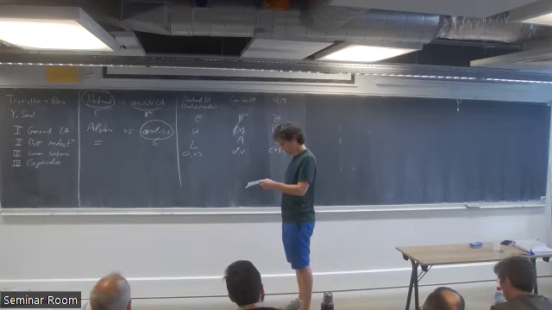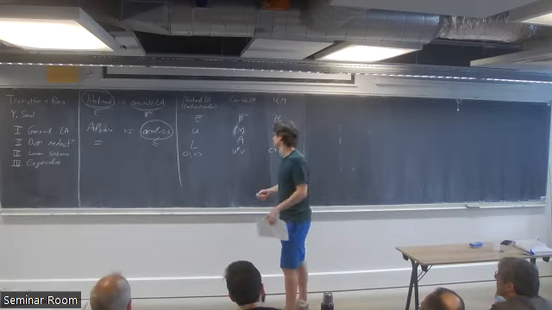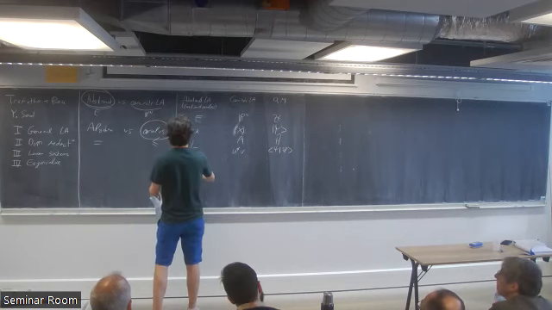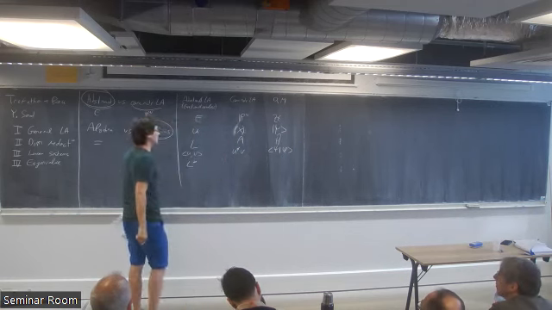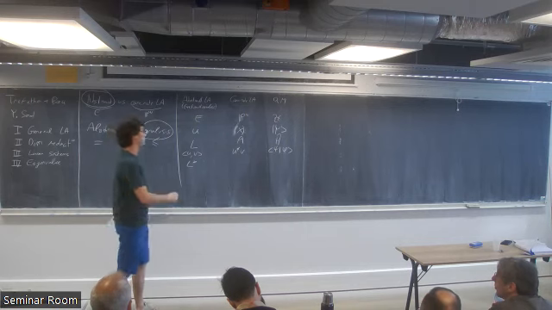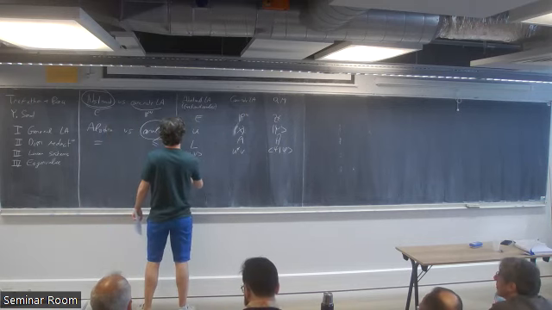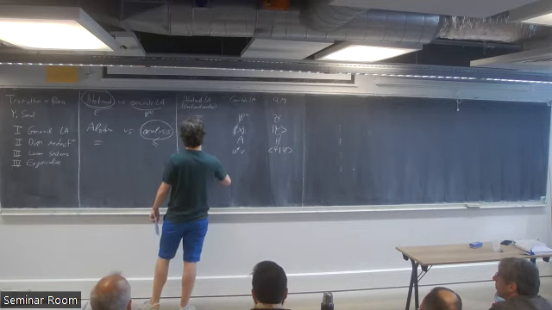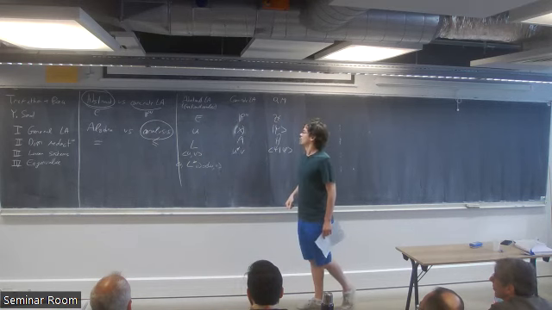What else? Adjoints. If you have an operator L, you define the operator L star, and you define it how? You define it by the inner product of U with L star V is equal to the inner product of LU with V. This is the definition.